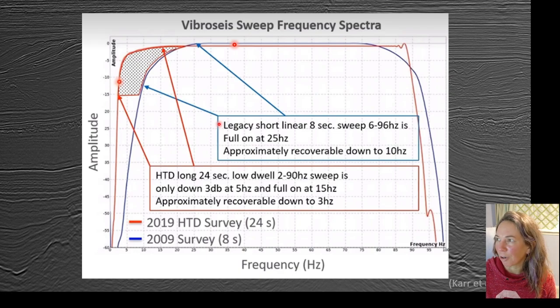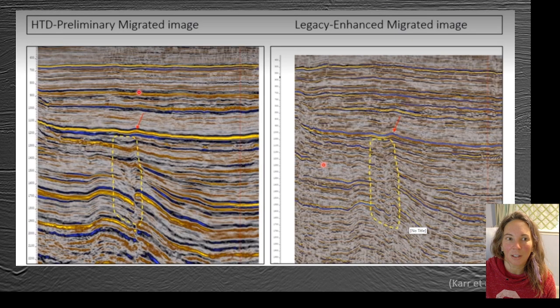Other things to think about are frequencies. So you can work with different types of frequencies, depending on how your survey was collected. Vibroseis can have different frequencies, and in that example I just showed, you could see that the older survey was missing some of these lower frequencies, so they were missing on that legacy survey.